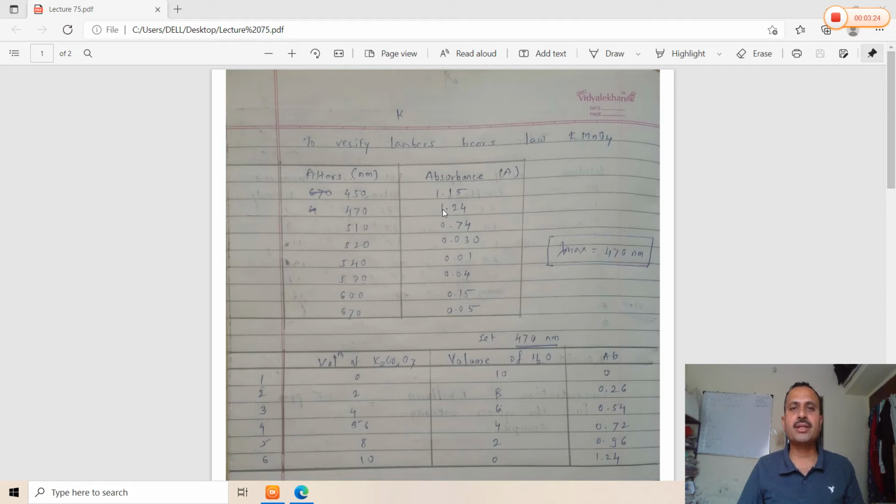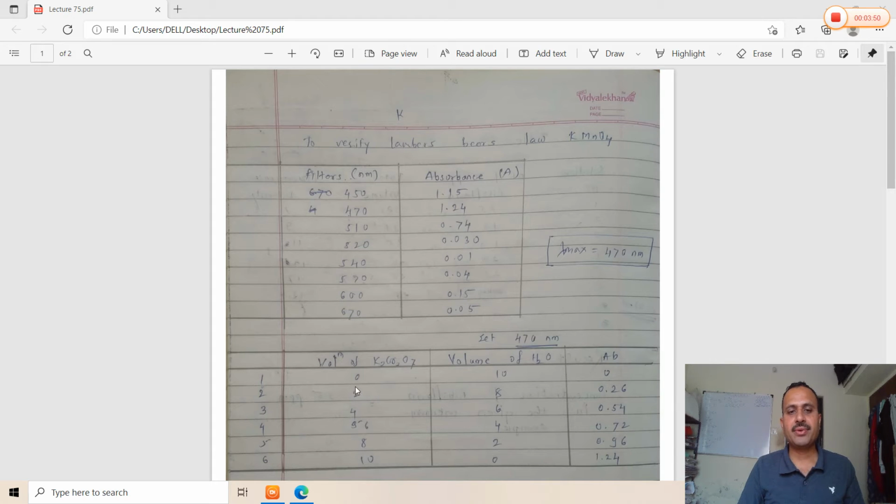Now we have to set this lambda max value, and accordingly we prepare solutions with the help of this observation table. We take 6 cuvettes, or you can say 6 test tubes, and number them 1 to 6.